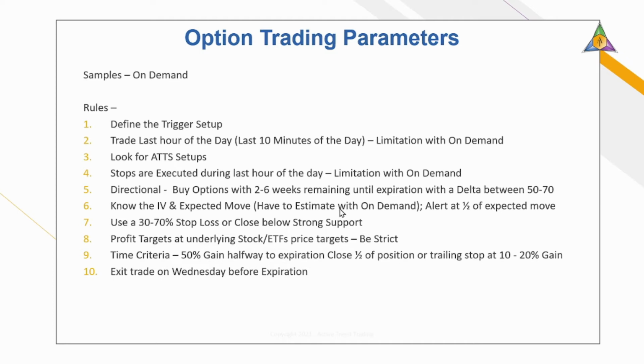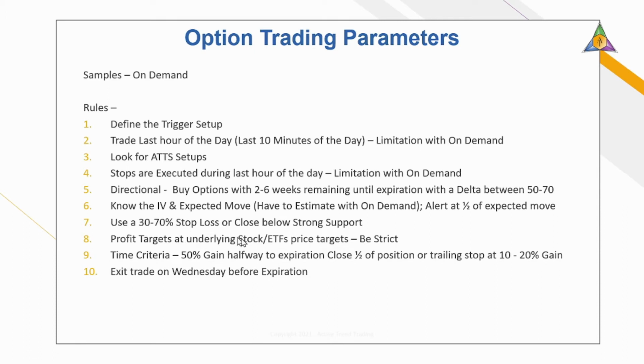You've lost all your capital. So if you're using a stop loss of somewhere between 30 to 70% or a close below strong support, at least you're pulling out some of your capital. There is no logical reason to let your hard-earned capital and hard-earned profits go to zero trading options.